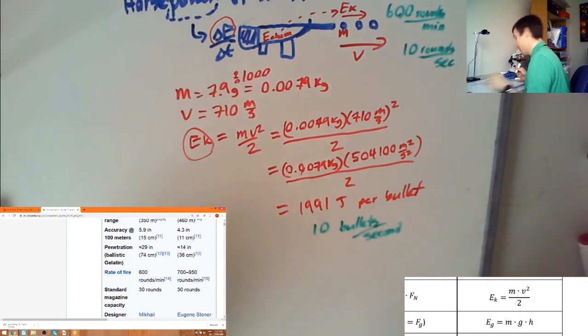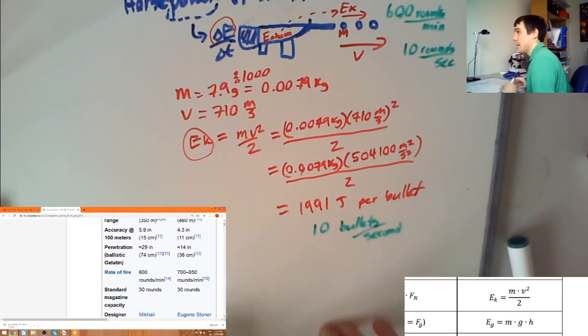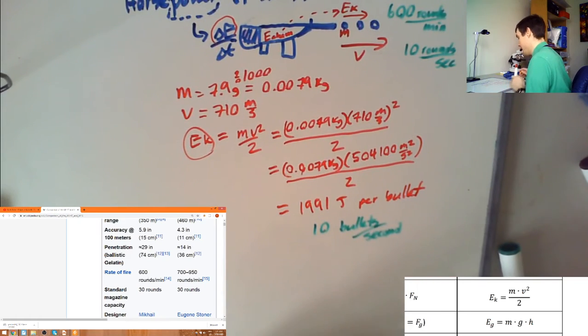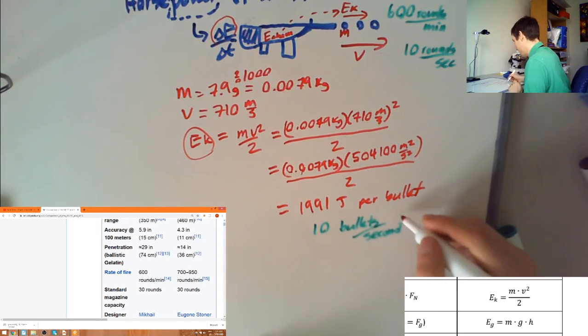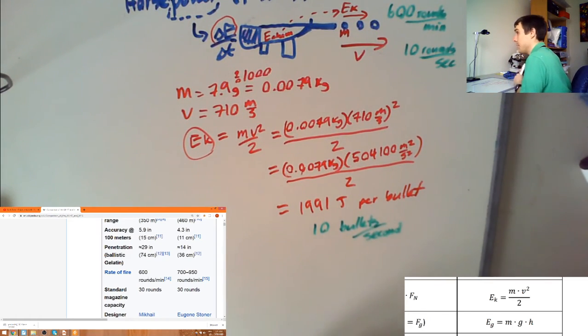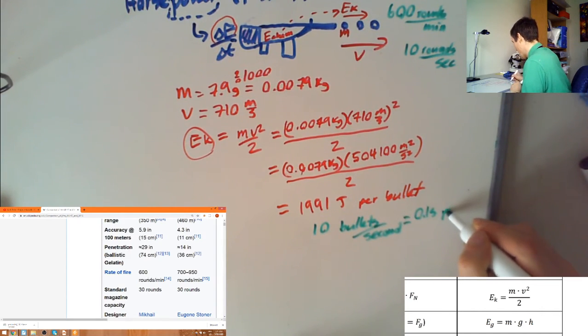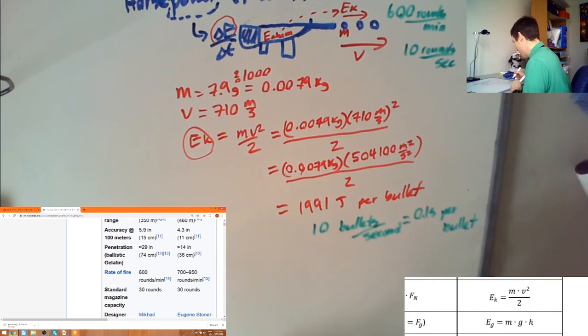So to figure out the time, we need energy over time. There are 2 options here. You can either say that 10 bullets per second means 0.1 seconds per bullet, 1/10 of a second per bullet.